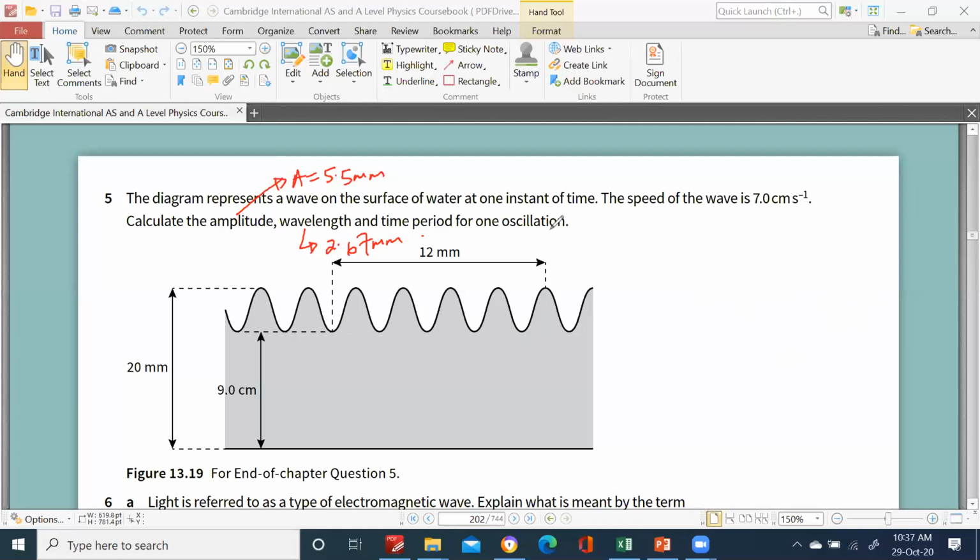Wave speed is equal to wavelength over period, and we have the speed, which is 7.